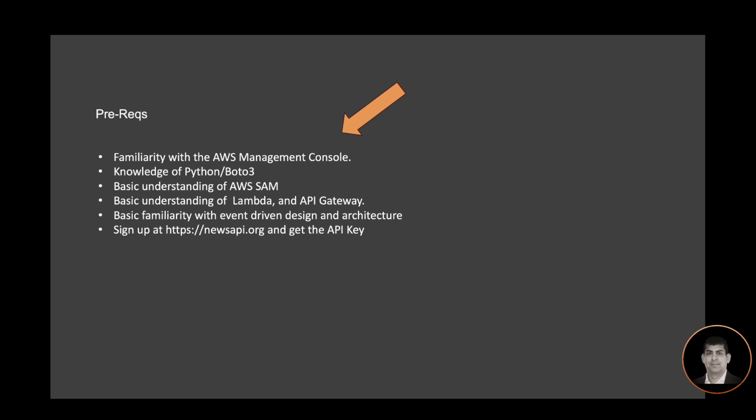Now you do need to sign up for the news API and get the API key. We will talk a little more about it. It's a free tier that I'm using, but basically once you sign up, you get the API key and you need the key to use the news API.